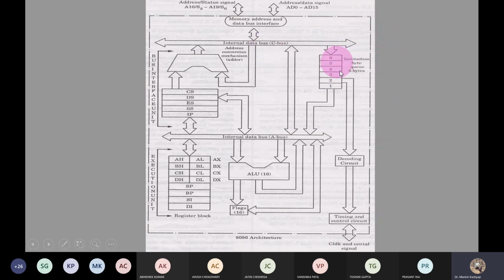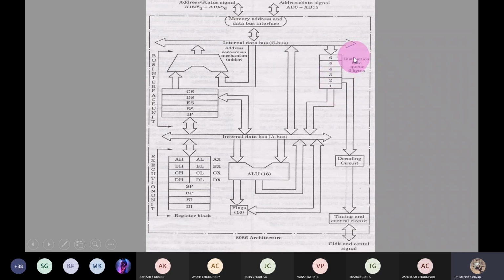This instruction queue is also different from the instruction register of 8085, because the instruction register was a single byte register. Here we have a 6-byte instruction queue, because the longest instruction in 8086 consumes 6 bytes, and most instructions consume either 2 bytes or 3 bytes.